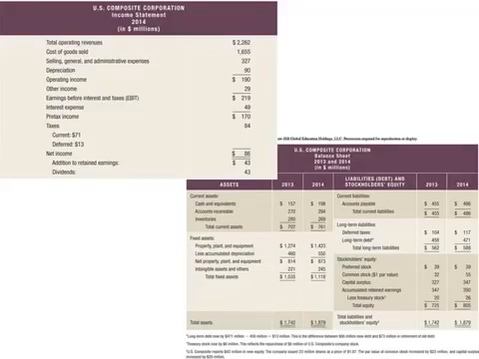Cash flow to stockholders starts with dividends, and you'll find the amount of dividends that we paid out at the bottom of the income statement. There it is, 43. But we also need to know how much new stock was issued and how much stock was bought back. To find out how much new stock was issued, we need to look at the common stock amounts for the final year and the prior year.